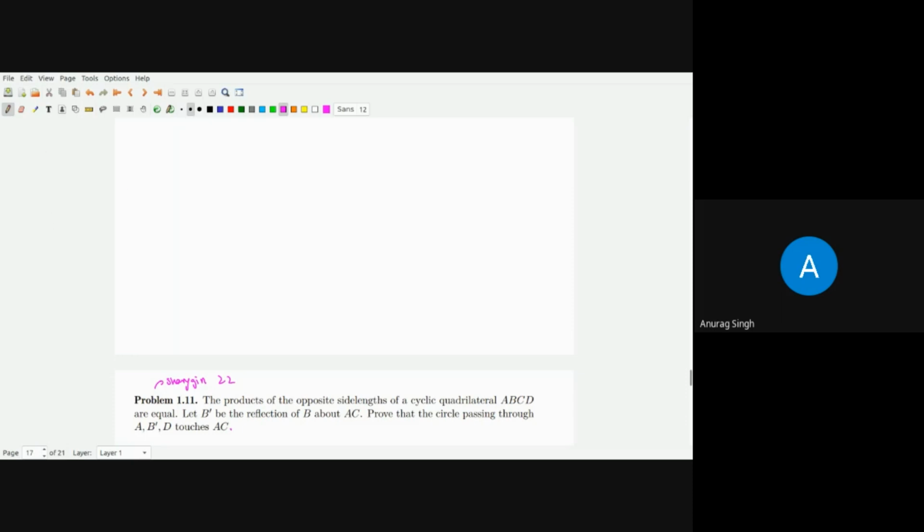We have directed angle CAD equal to directed angle DB dash A. If we want to prove tangency, then I want to somehow input something else, like the perpendicular bisector lemma.